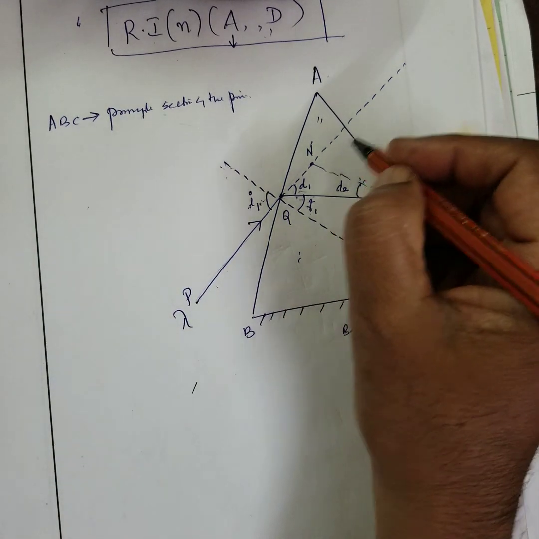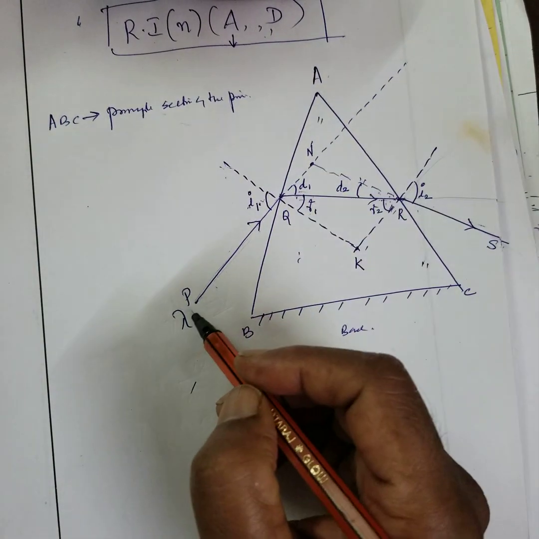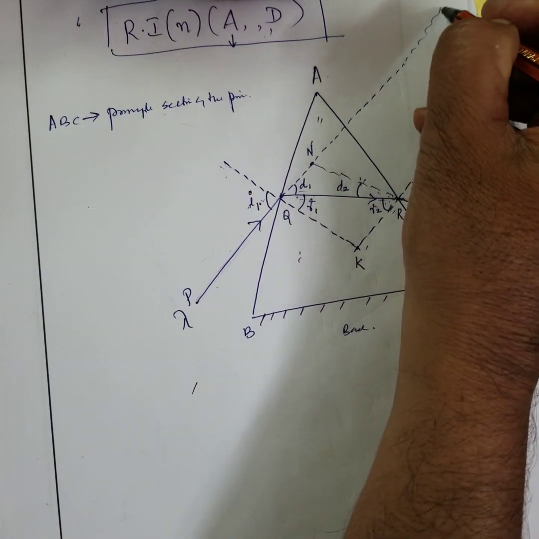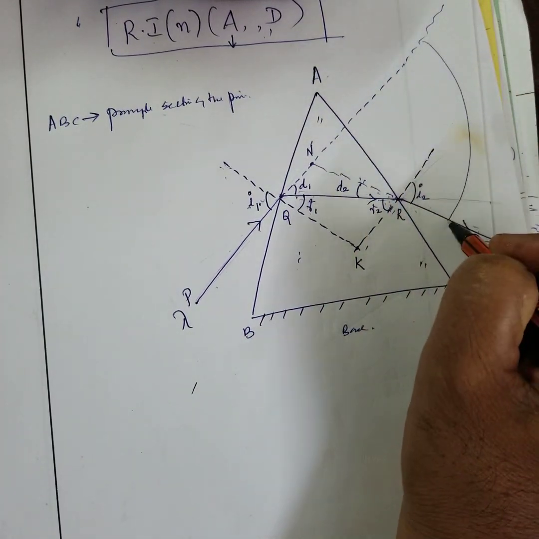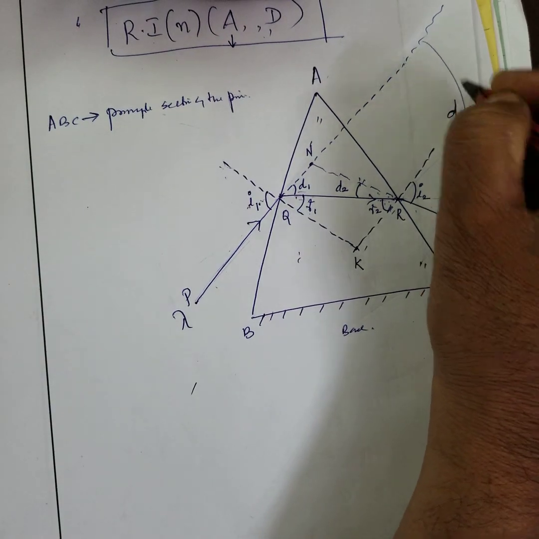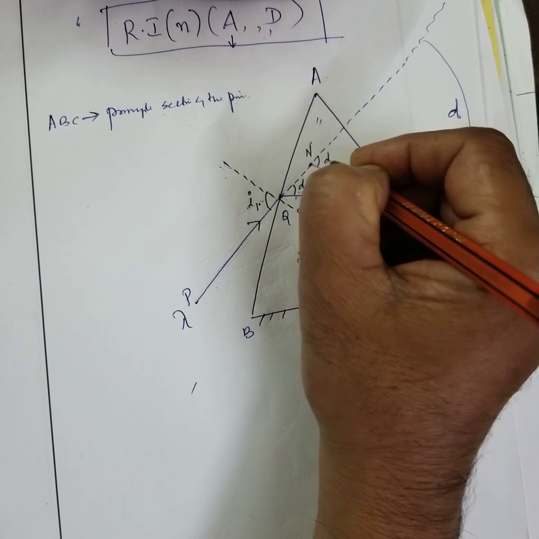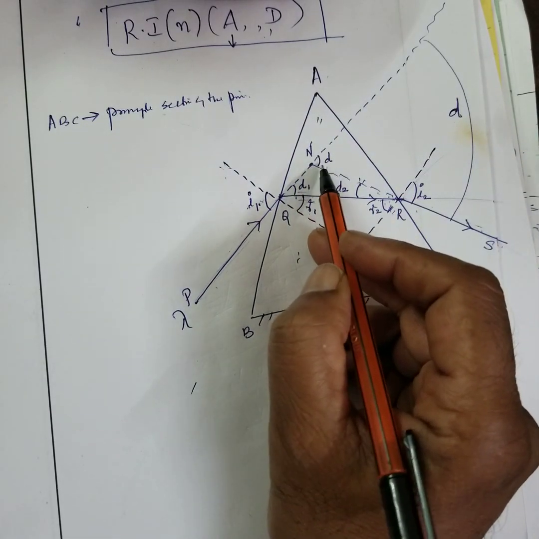Now, this ray, instead of going like this, has gone like this. This is the original direction, and it has deviated by this angle, which is D, the deviation.